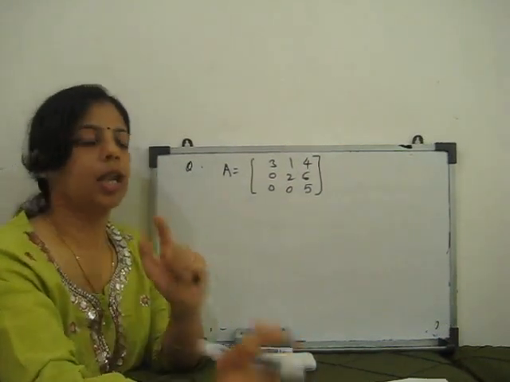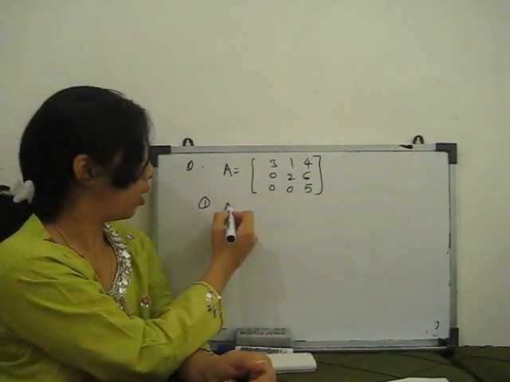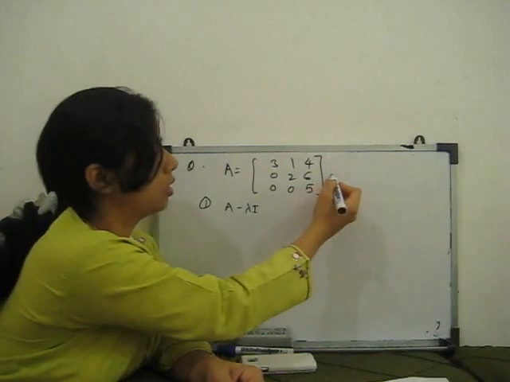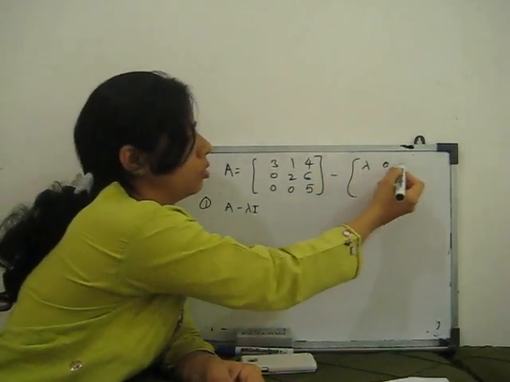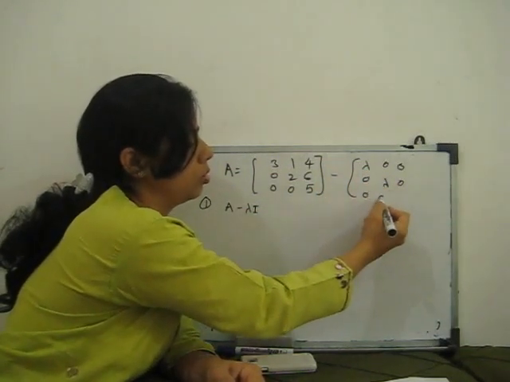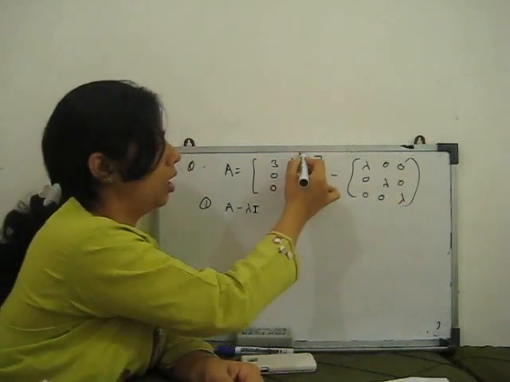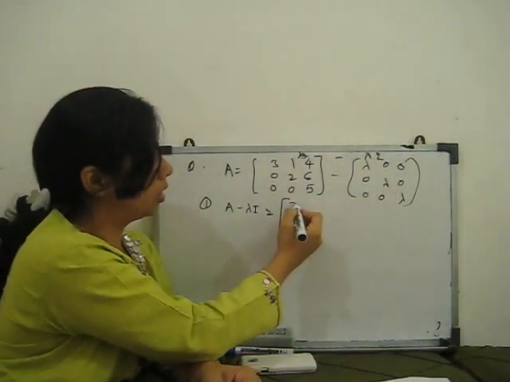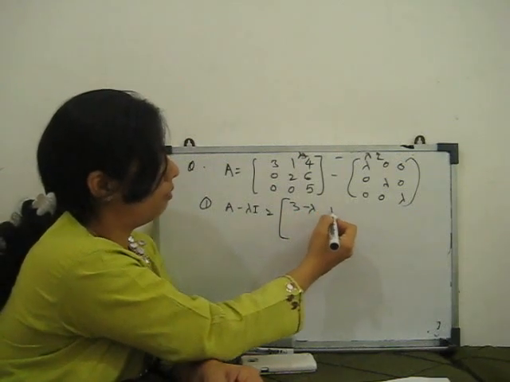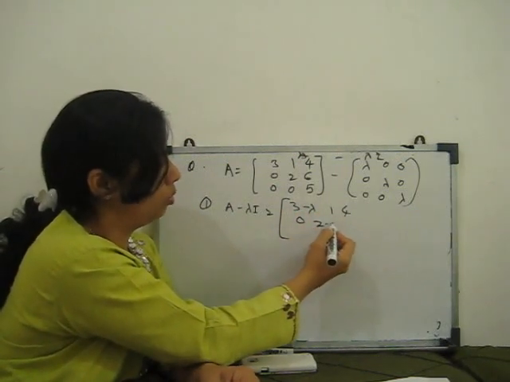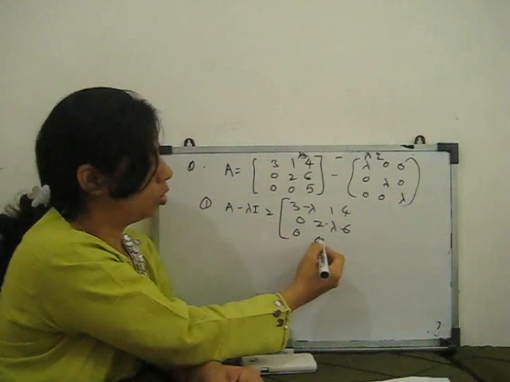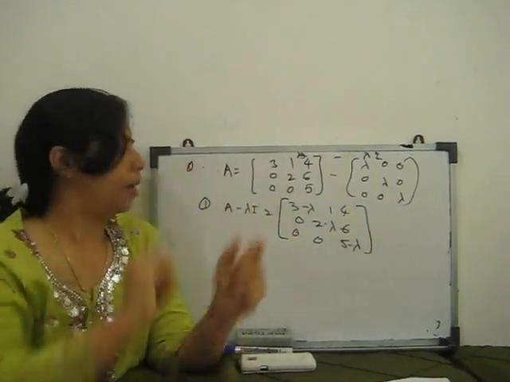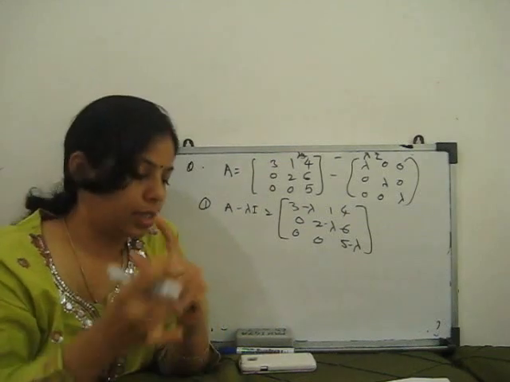Step 1 is to find the matrix A minus lambda I. So A is this, minus lambda I is lambda on the diagonal and 0 elsewhere. So our A minus lambda I is [3 minus lambda, 1, 4; 0, 2 minus lambda, 6; 0, 0, 5 minus lambda].